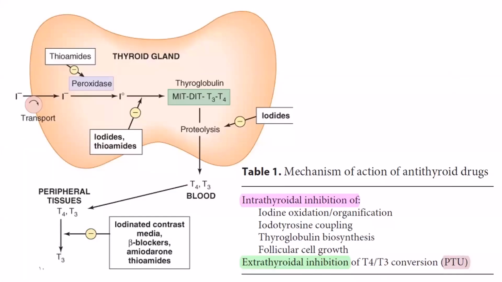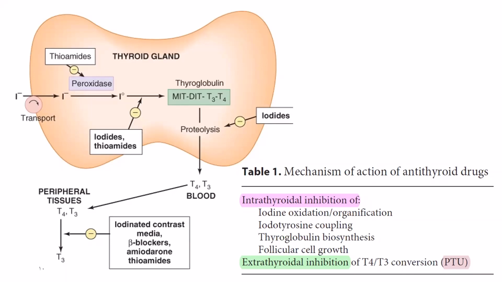And this actually is very important: how thyroid hormone is synthesized in the thyroid follicle, and what is the mechanism of action of anti-thyroid drugs, carbimazole or methimazole or propylthiouracil: intrathyroidal inhibition of iodine oxidation, organification, coupling, thyroglobulin biosynthesis, and follicular cell growth.